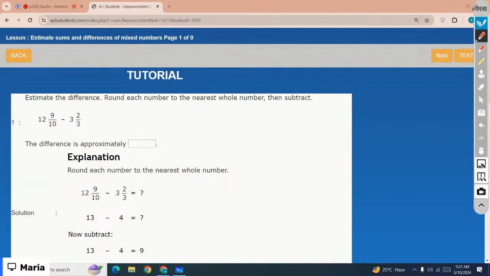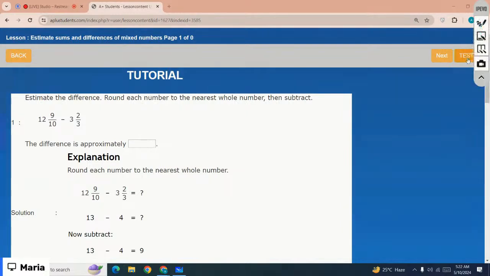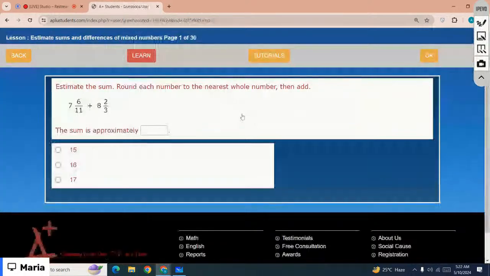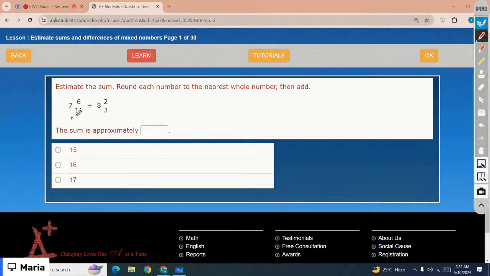Okay, let's just start with the test questions. Estimate the sum. 17 whole 6 by 11 plus 8 whole 2 by 3. 6 over 11 is greater than half, so it would be rounded off to 8.